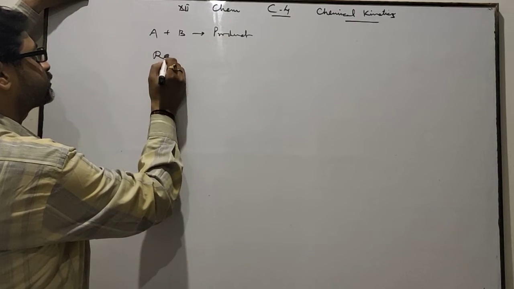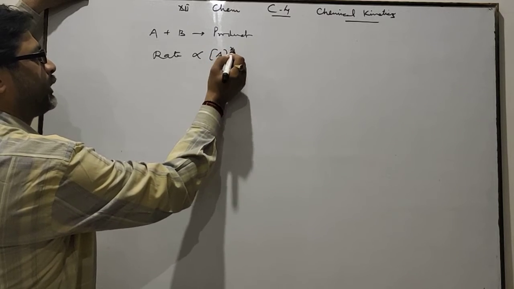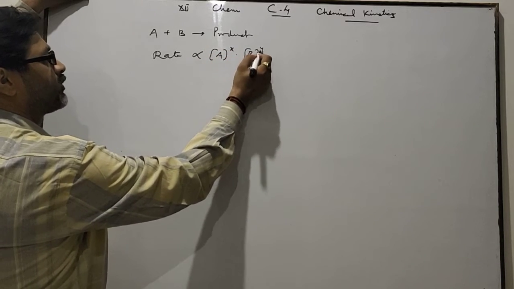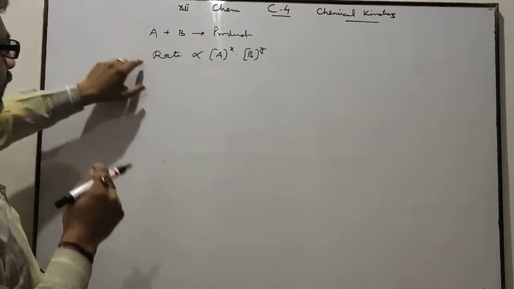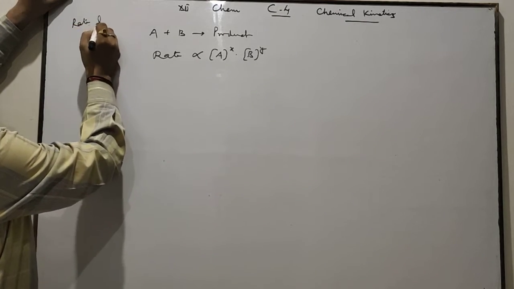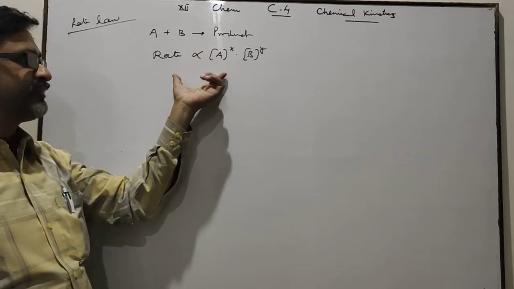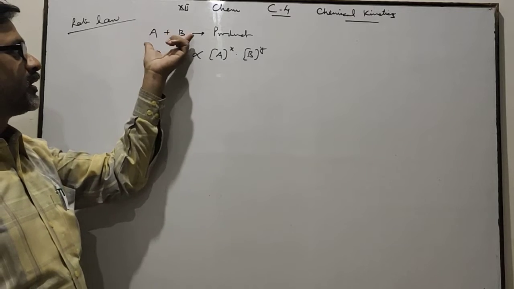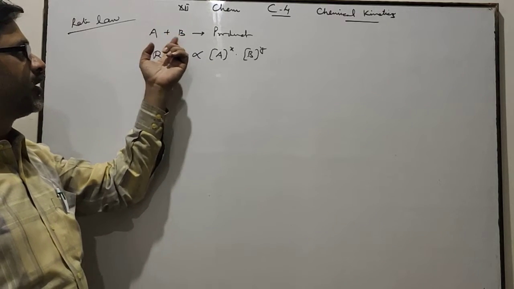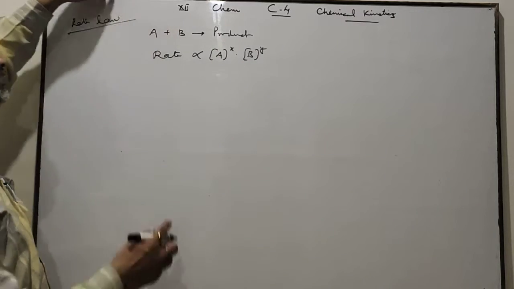Suppose rate depends on the concentration of A to the power x and B to the power y. This is known as the rate law expression: the expression which determines the dependence of rate on the concentration of reactants.